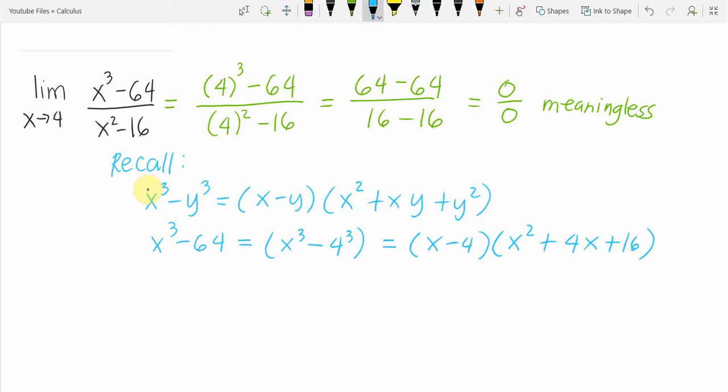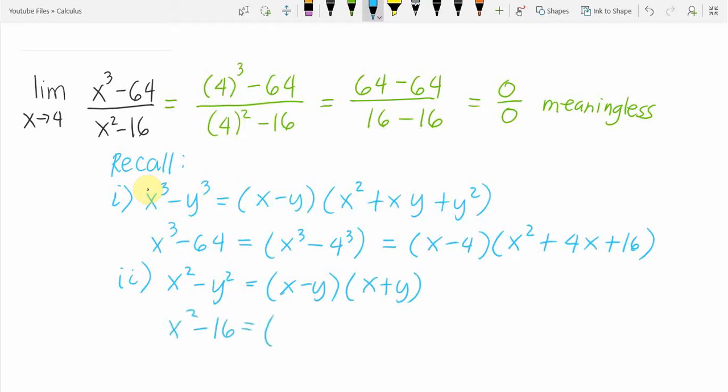This is for the numerator, and the denominator is actually difference of two squares, and we want to recall that if we have difference of two squares, our factors are x minus y and x plus y. So basically x squared minus 16 is the difference of x squared and 4 squared.